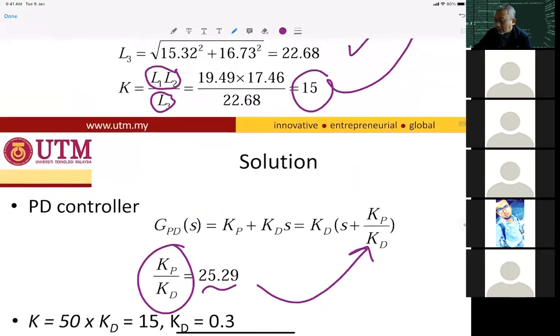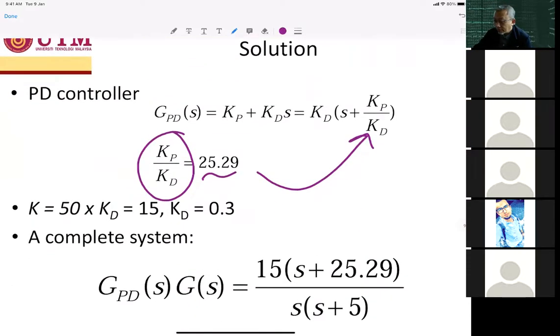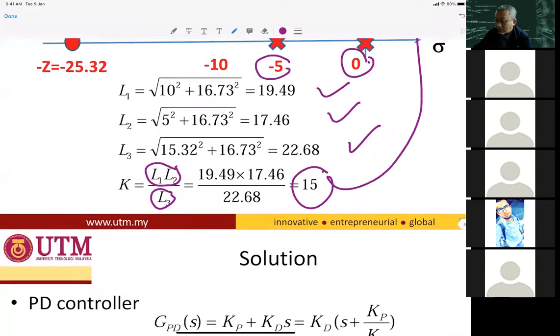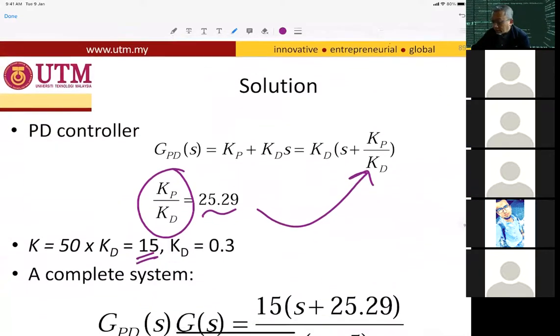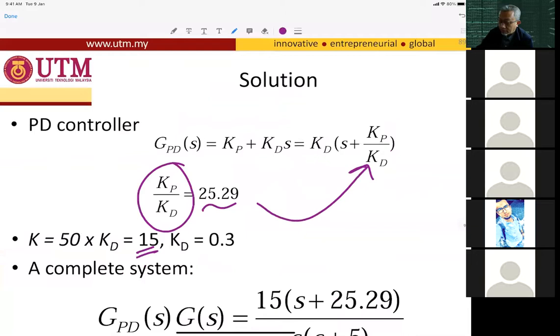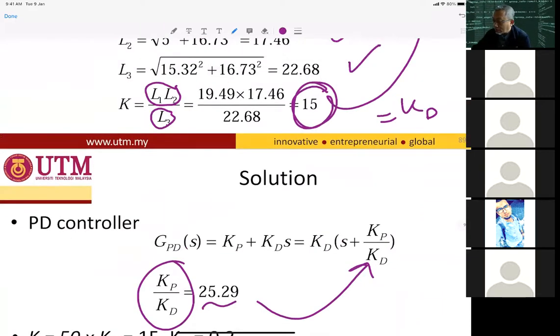Then KD is 15 that we calculated previously here. Sorry, this is KP, not KD. Please correct your notes.